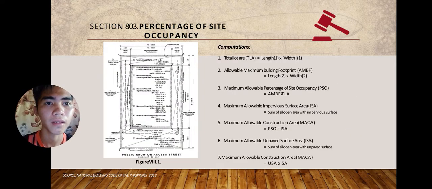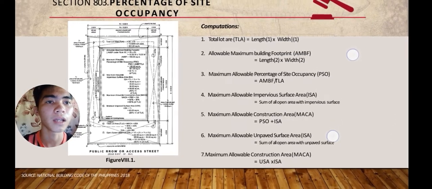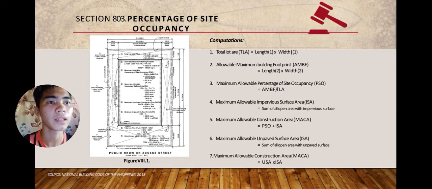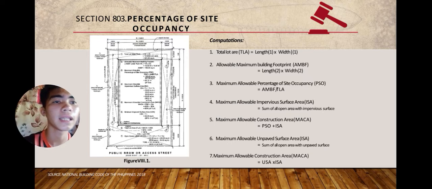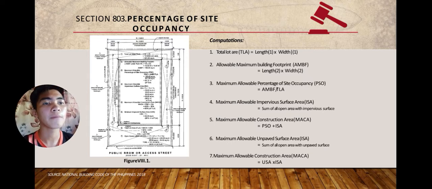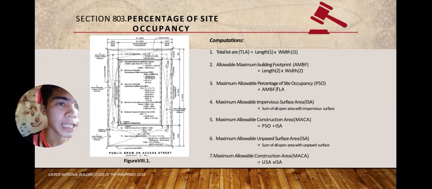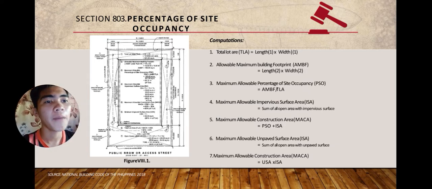Next is the computation of percentage of site occupancy. Total lot area is length times width, then allowed maximum building footprint is length 2 times width 2, then maximum allowed percentage of site occupancy is AMBF divided by TLA.